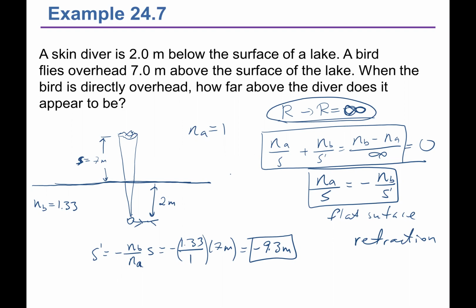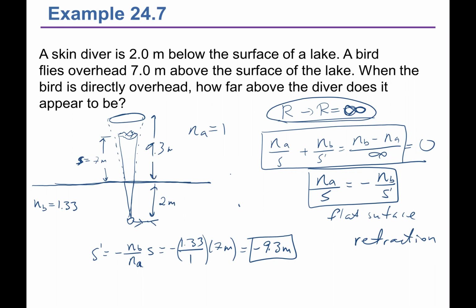But what the observer would see in this case is, if I trace those refracted light, so those are the refracted light, right? So if I trace those ones, then they will appear to generate an image of the bird somewhere over there, which is then 9.3 meters, right?